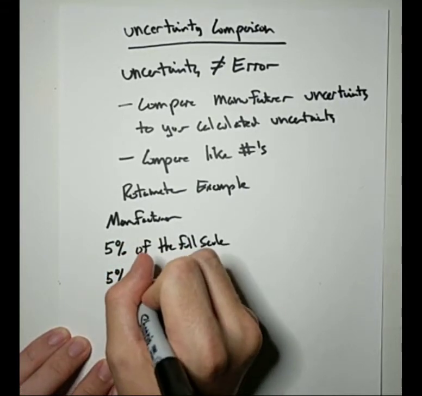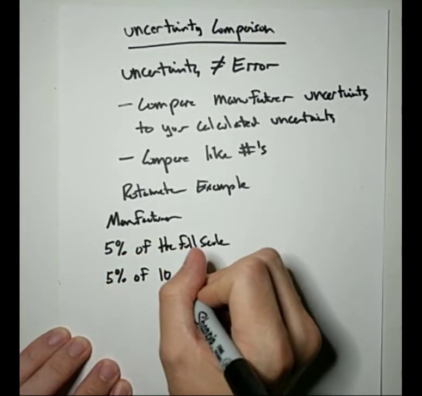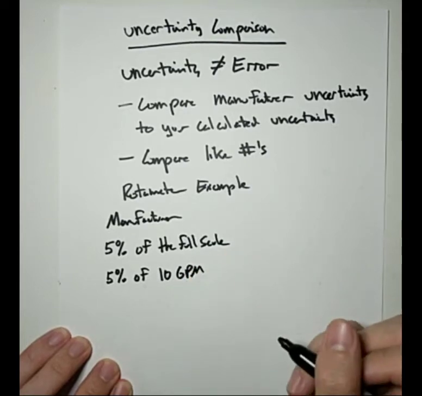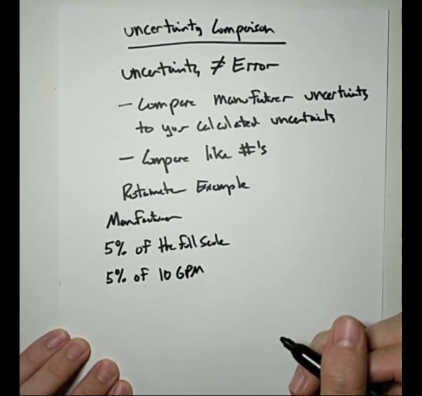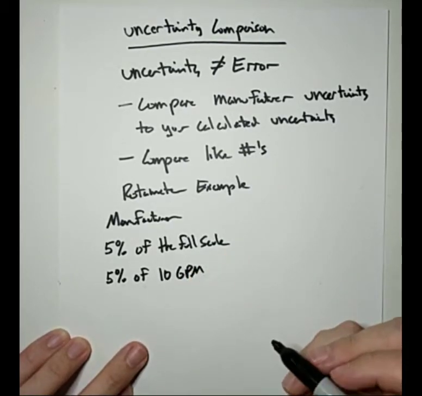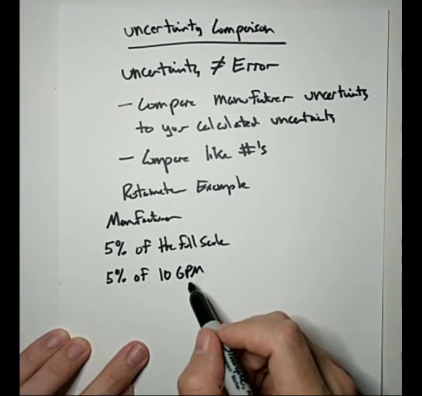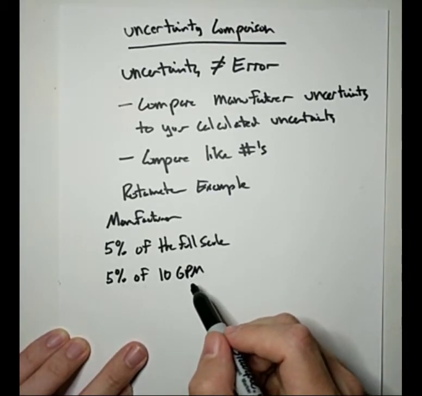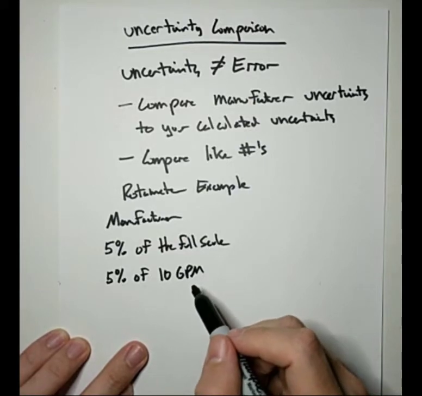So that is 5% of 10 gallons per minute, because 10 gallons per minute is the maximum flow that the rotometer can measure.